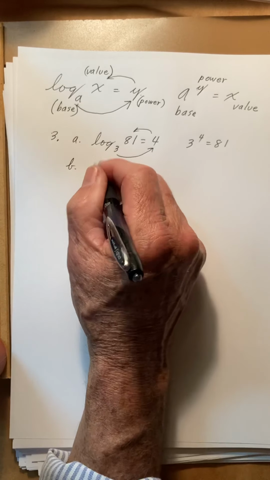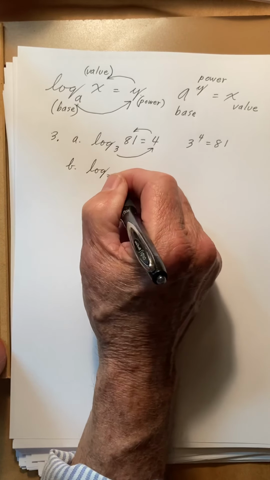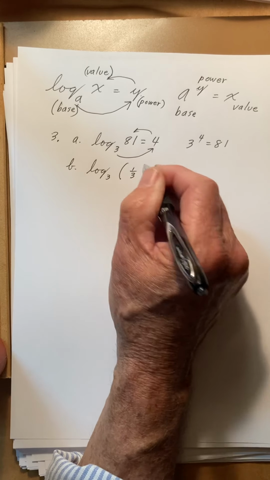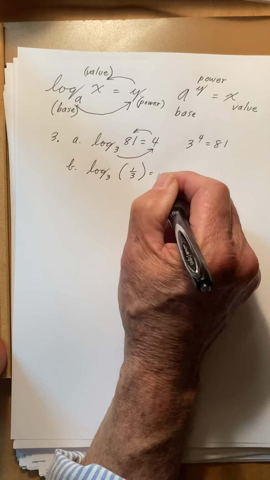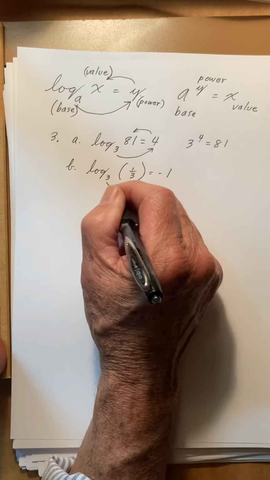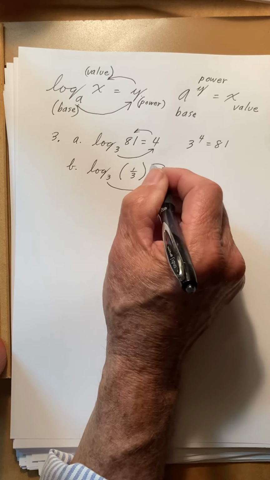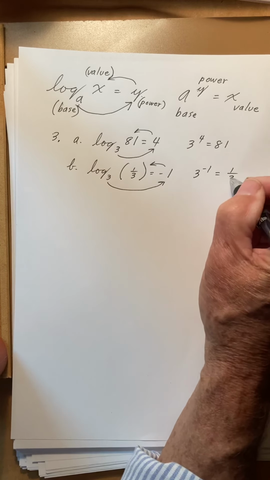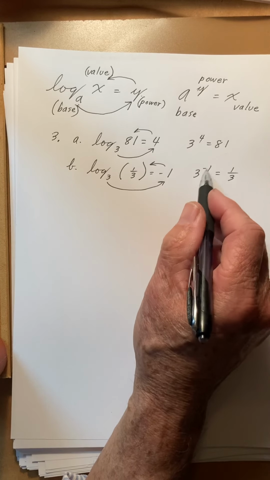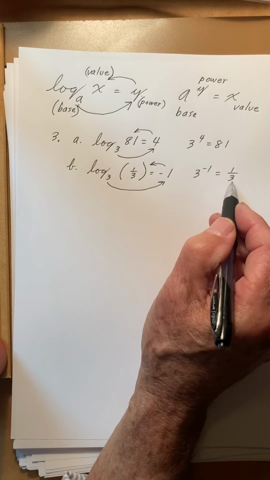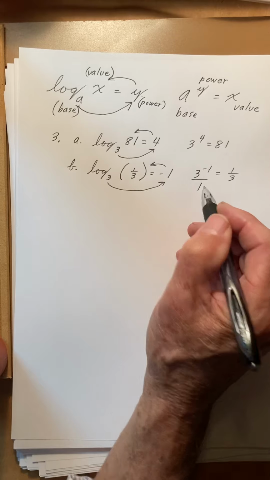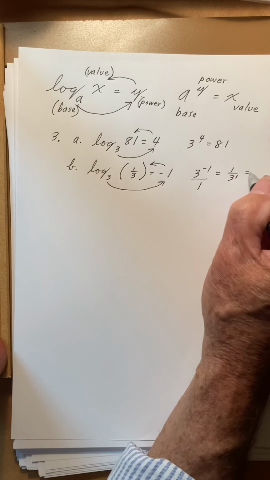The second one, log base 3 of 1/3 equals -1. So 3 to the -1 equals 1/3. And that is true, because when you have a negative exponent, to make it positive, you move it across the fraction line. So this is 3 to the 1, or just 1/3.